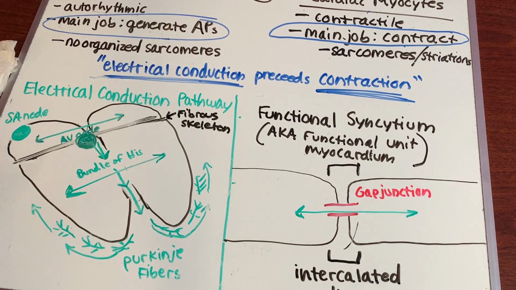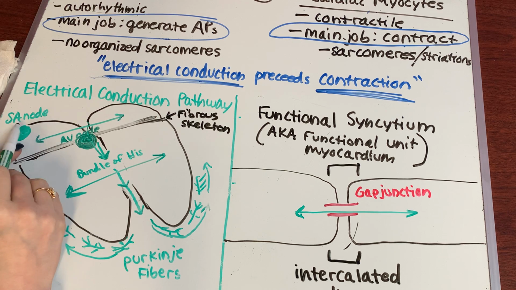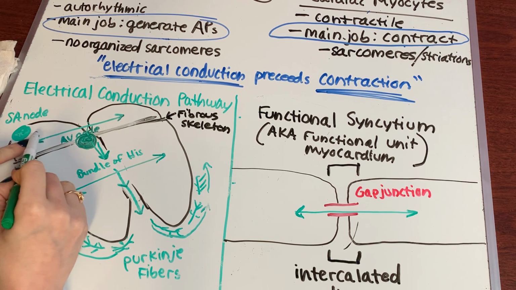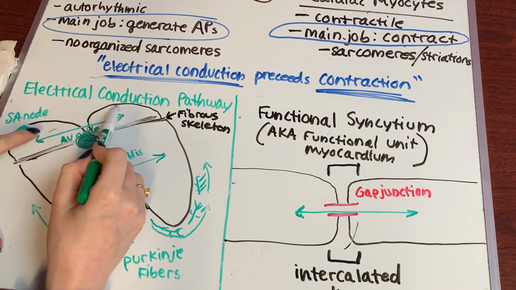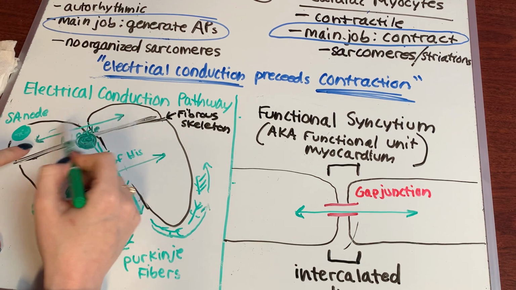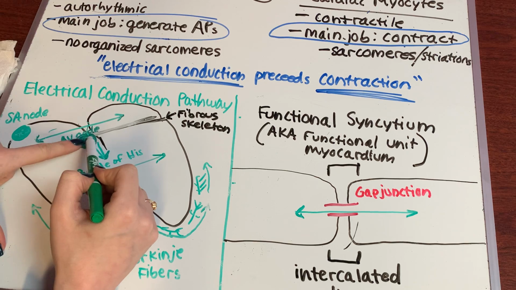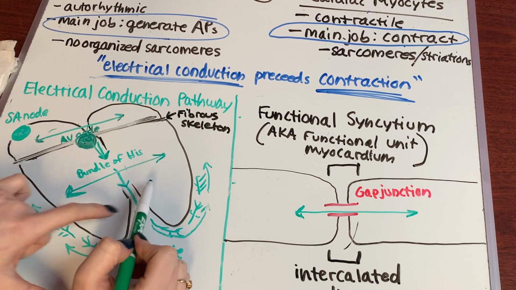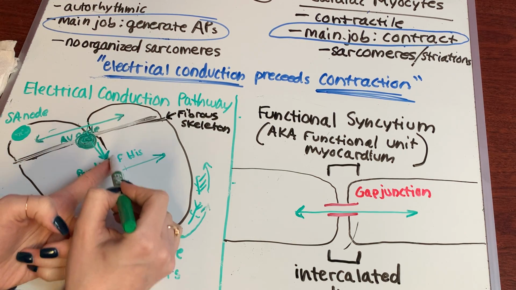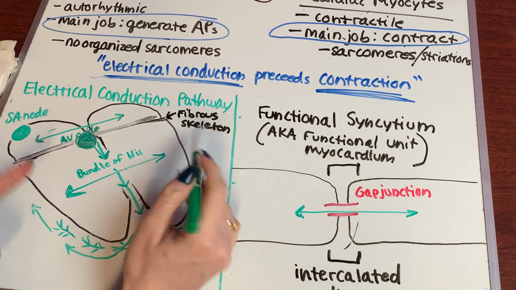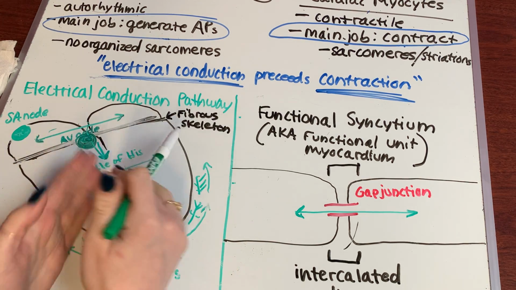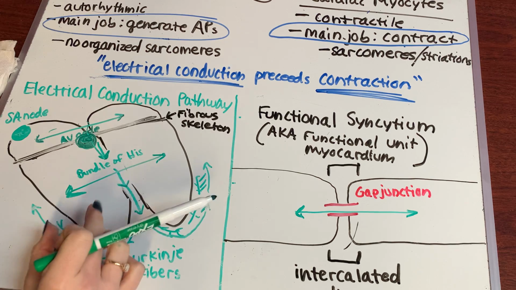As soon as you have the action potential that was created from the SA node, the electrical signal can spread through the gap junctions through the atria. And then you need the AV node to get to the ventricles, and then the entire ventricles can have that contraction event.